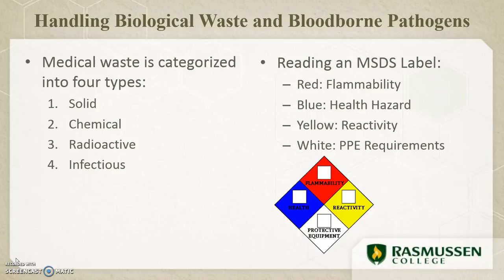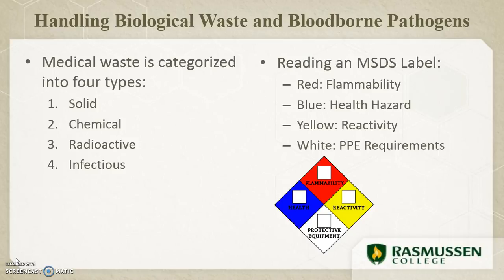Chemicals are things such as your germicide, cleaning supplies, and pharmaceuticals or medications. Radioactive talks about waste that contains any radioactive materials. For example, iodine 123 and iodine 131 are considered radioactive materials.